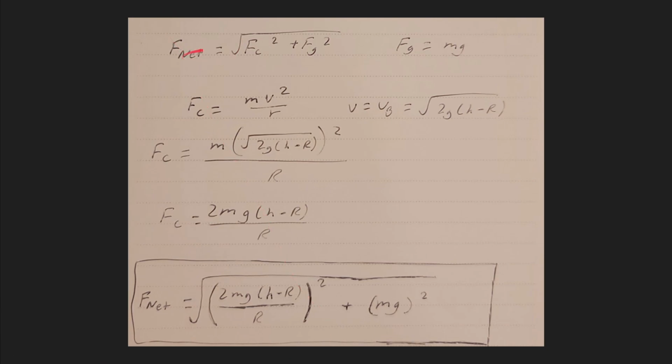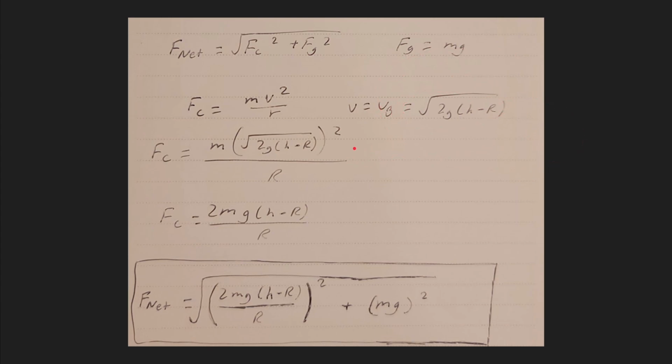F net is equal to the square root of centripetal force squared plus gravitational force squared. The force of gravity is equal to mg, and centripetal force is equal to mv squared over r. As we established, velocity at this point is our velocity at b, which is the square root of 2g times (h minus r), just like this.